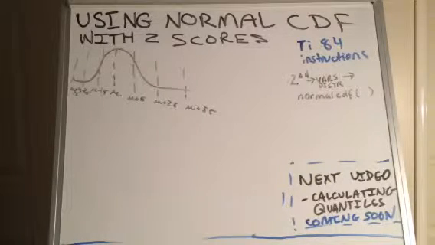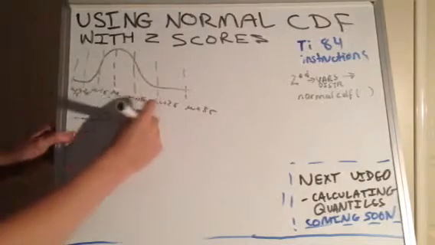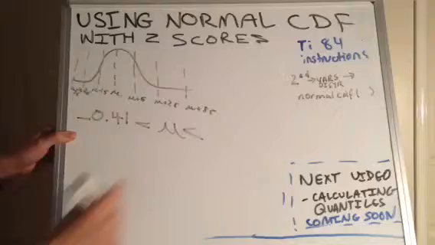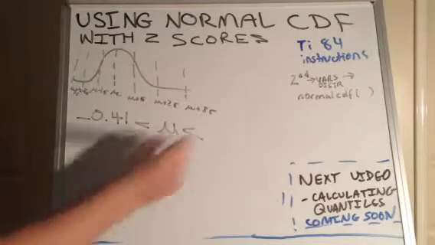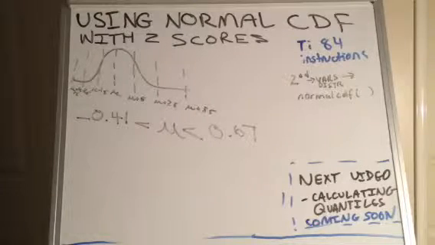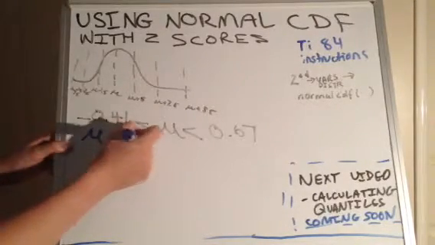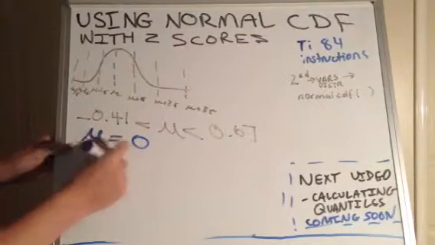So now, what we want to look at is the likelihood of a random variable being between this interval here. Negative 0.41, less than mu, less than, and I'll go 0.67, which is also equal to 2/3. So we want to find the probability of a variable in that interval. And again, we're assuming, because this is a standard normal distribution, that mu is 0 and sigma is equal to 1.